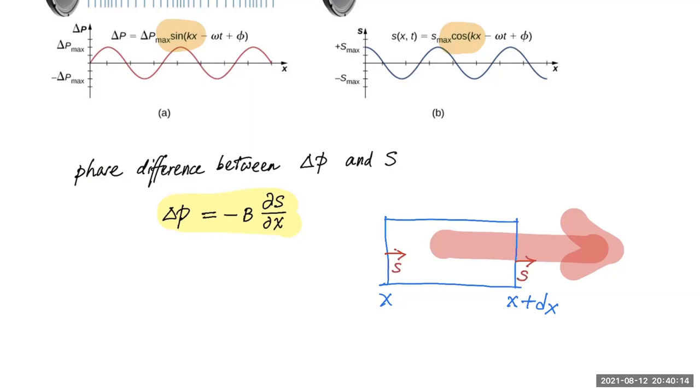Then is there any net change in the volume of this region? Well, the answer is no, right? You still have the same region. The reason why the volume changes is because the left edge and right edge move by a different amount. So here is S, the right side is S plus ds.